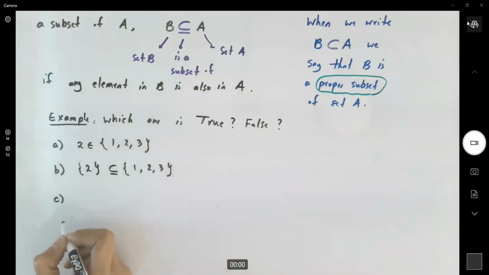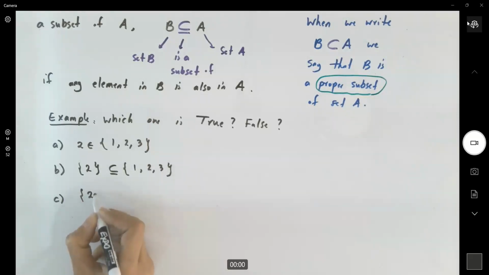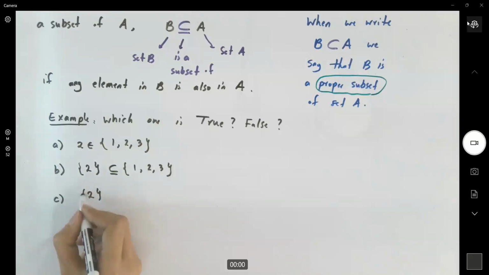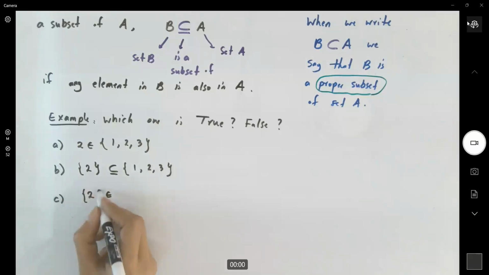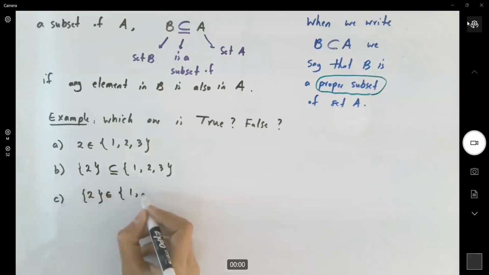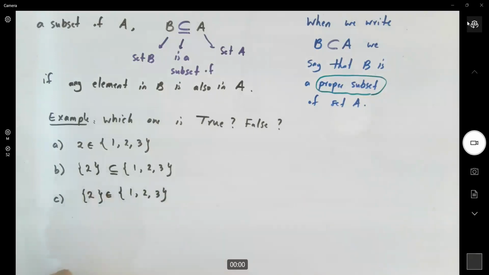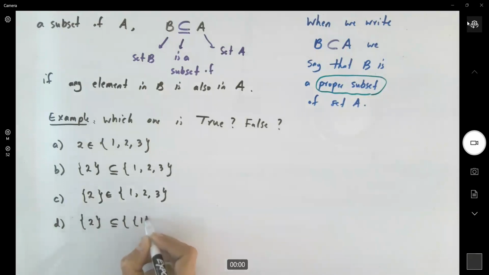C, the set including 2 belongs to the set 1, 2, 3. D, it says the set including 2 is a subset of the set including 1 and the set including 2.